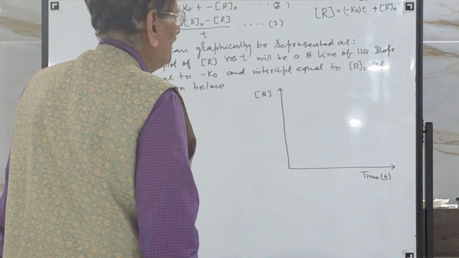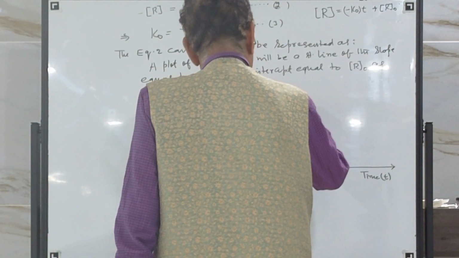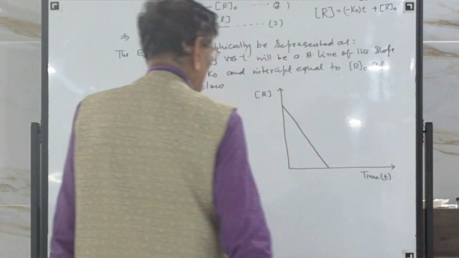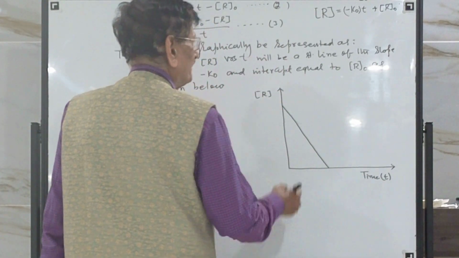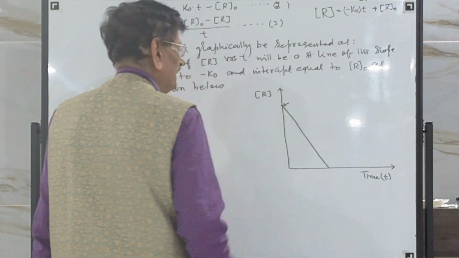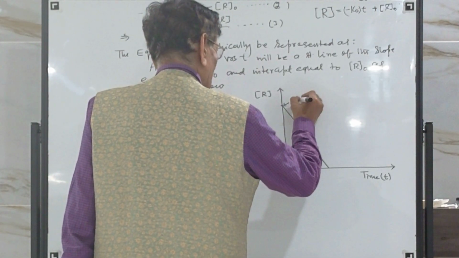Then a straight line of this type will be obtained. This is the intercept R naught.